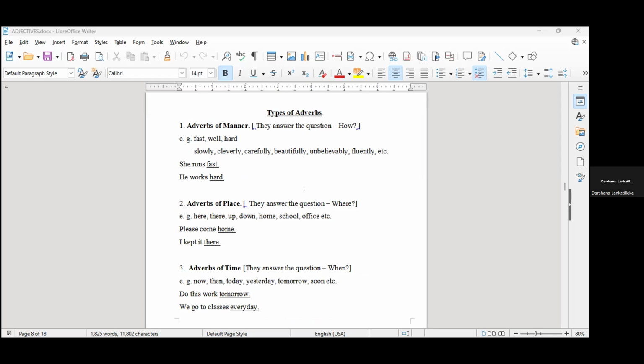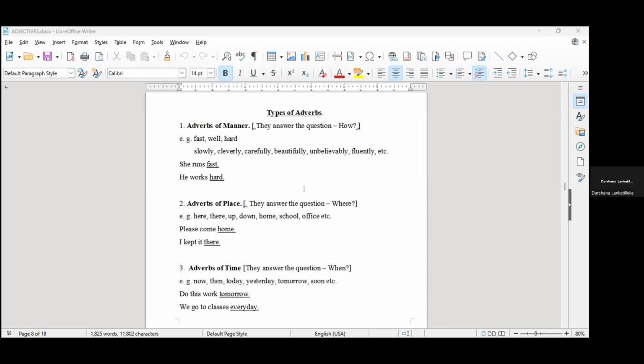Other than that, slowly, cleverly, carefully, beautifully, unbelievably, fluently. See the second line, all the words end in ly. So most of the adverbs of manner end in ly. But there are some exceptions also. See, fast, well, hard, such type of adverbs, you don't add ly there.